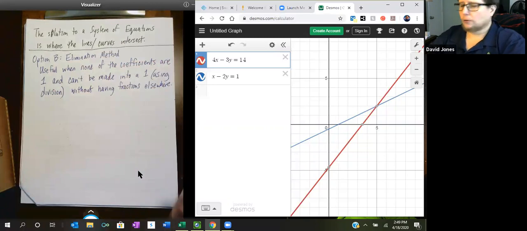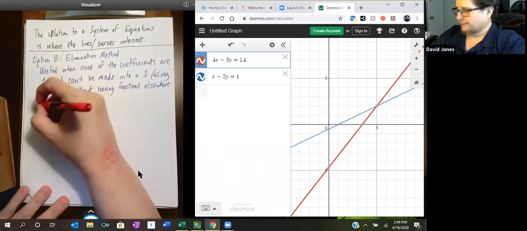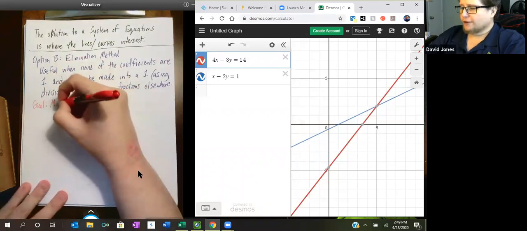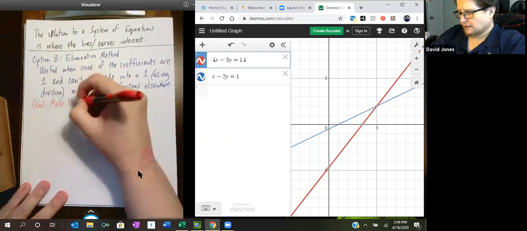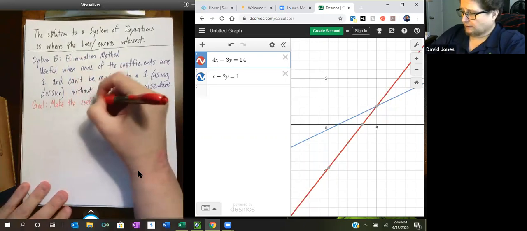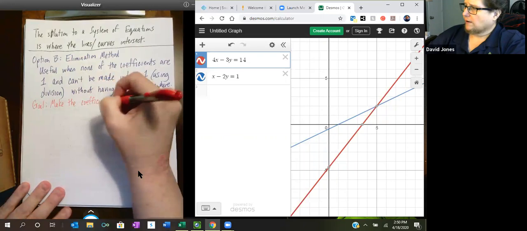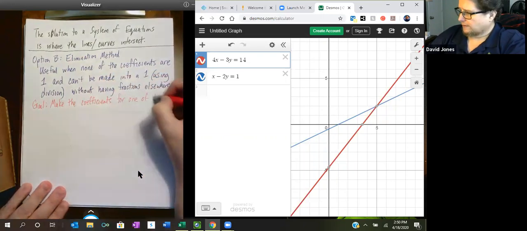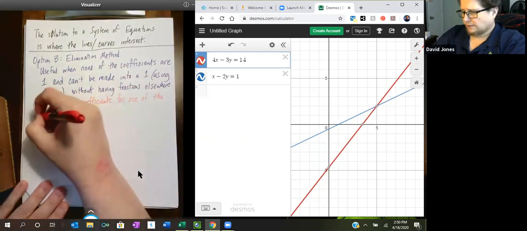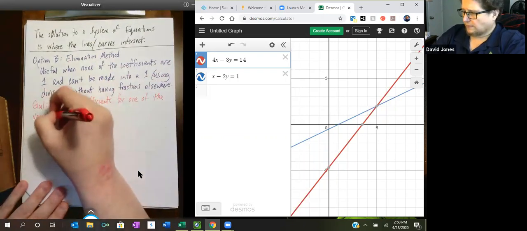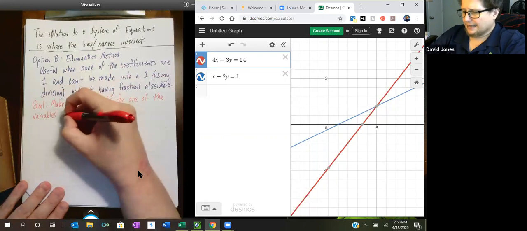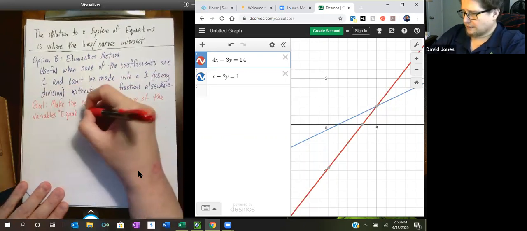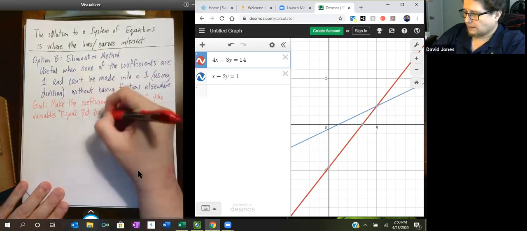The main goal in the elimination method is to make the coefficients for one of the variables equal but opposite.